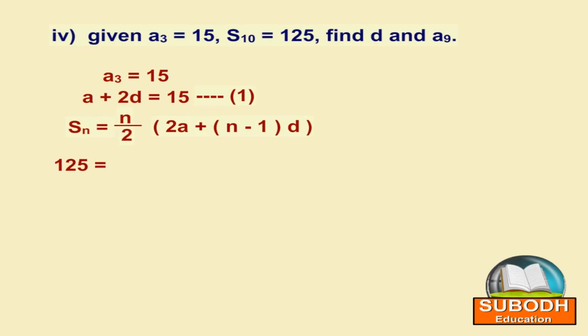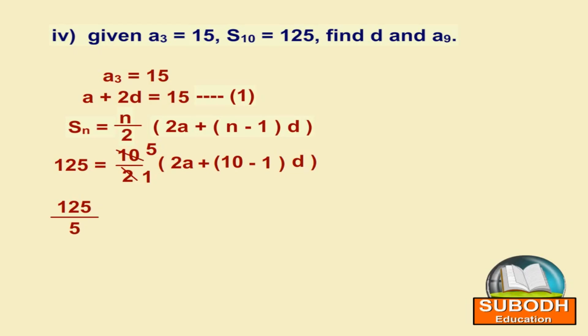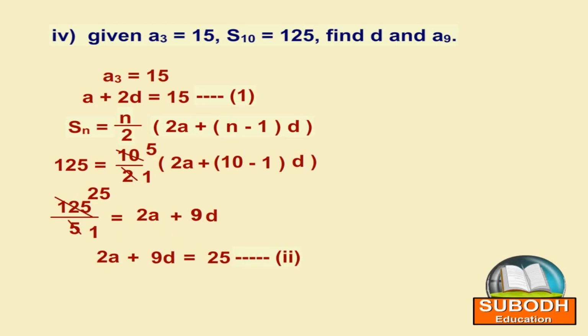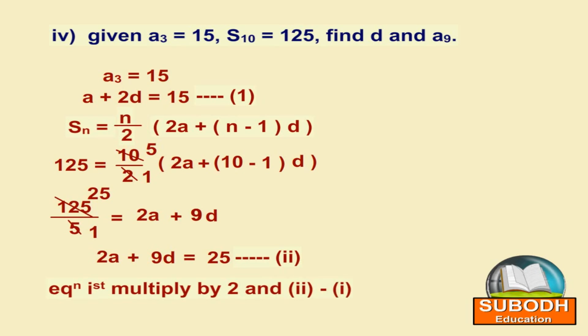Sn is 125, n is 10 by 2, 2a plus (10 - 1) into d. 2 ones are 2, 2 fives are 10, 125, transfer the multiple 5 with division, 25 is equal to 2a plus (10 - 1) d, 9d. 5 ones are 5, 5 fives are 25, 2a plus 9d is equal to 25. Equation second. In the first equation, the coefficient of a is 1. Then equation first multiply by 2 and subtract equation first from equation second.